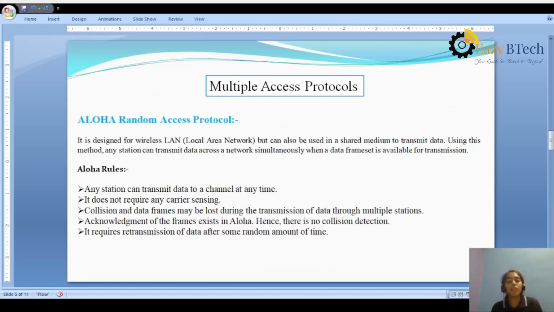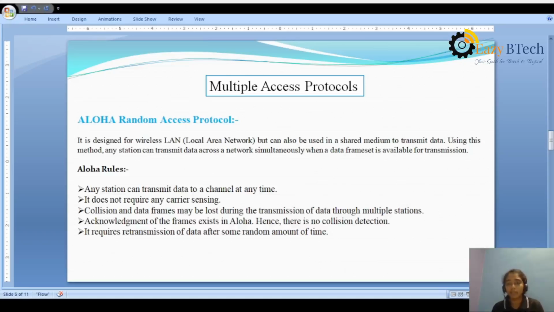Collisions and data frame loss may occur during transmission through multiple stations. Collision may occur with this random access protocol, but there is an advantage. Normally, collisions occur but nobody indicates whether the frame was sent or received.